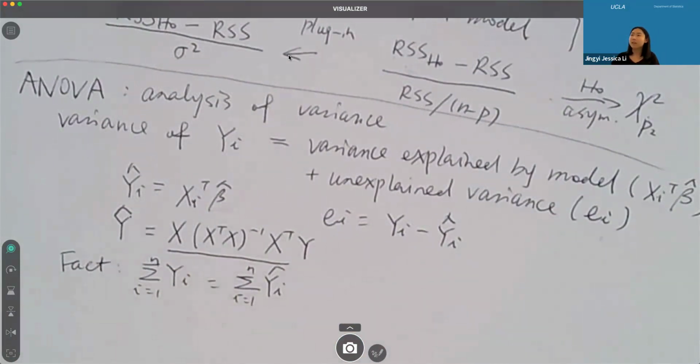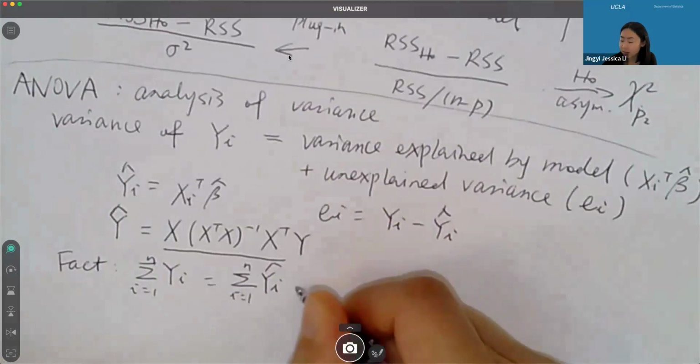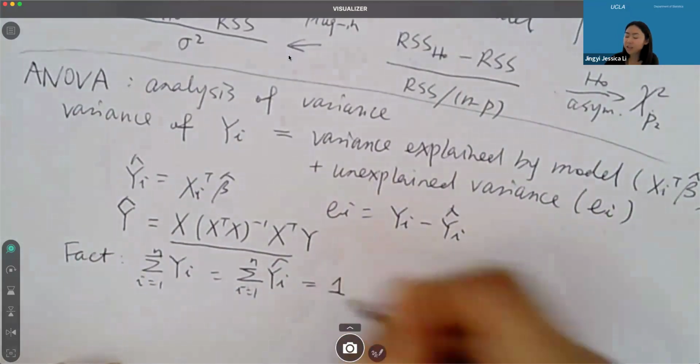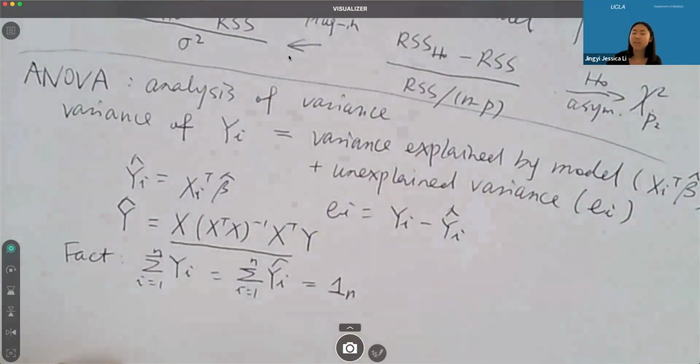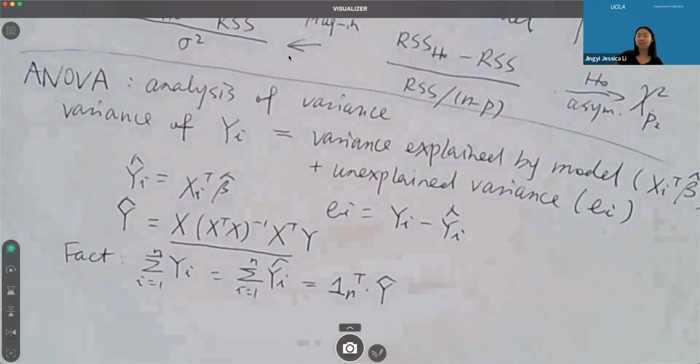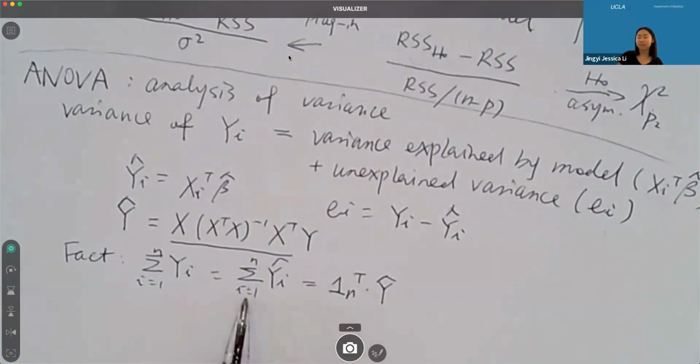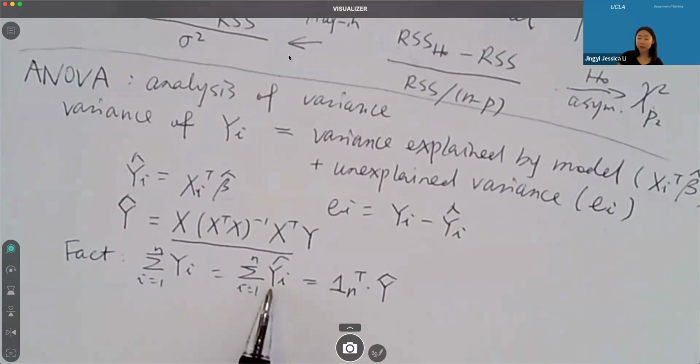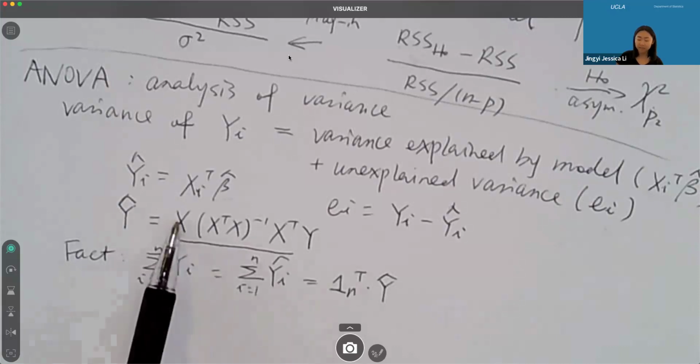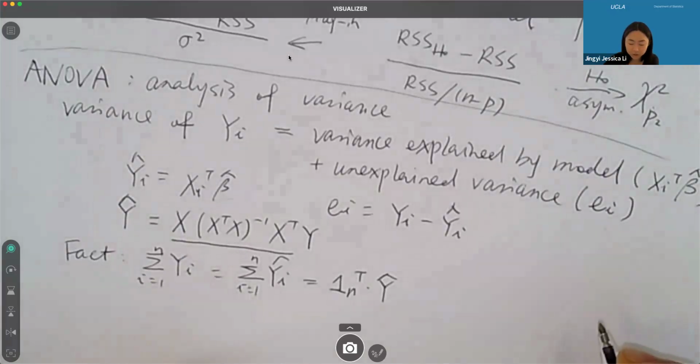And why is that? The derivation, again, can be made much simpler with the matrix form. So the idea is that this is equal to the inner product between an n-dimensional vector with all ones, transposed, times this y. This is the definition by inner product as the sum, right?